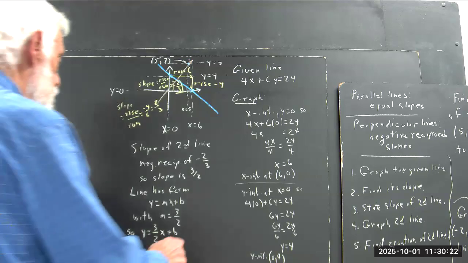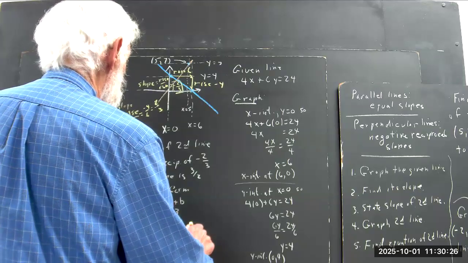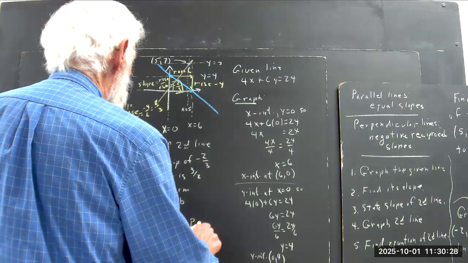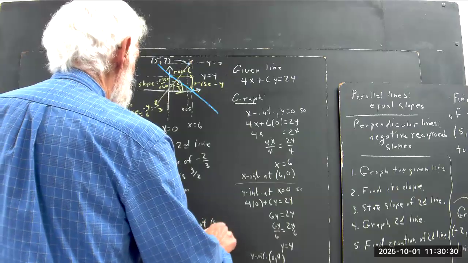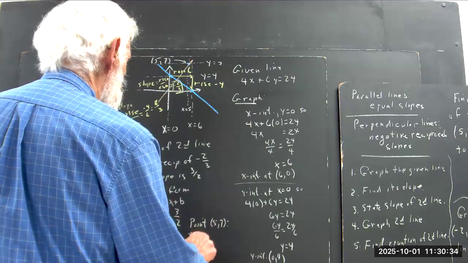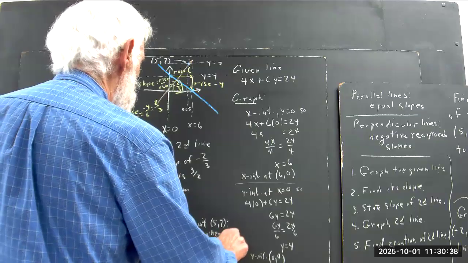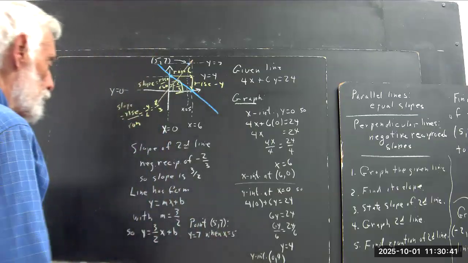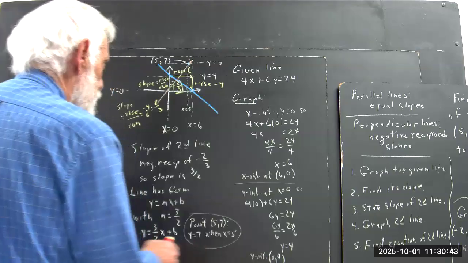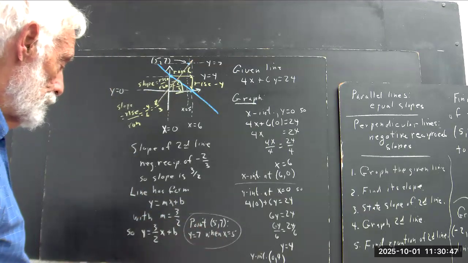Now, the point (5, 7) tells us that y equals 7 when x equals 5.